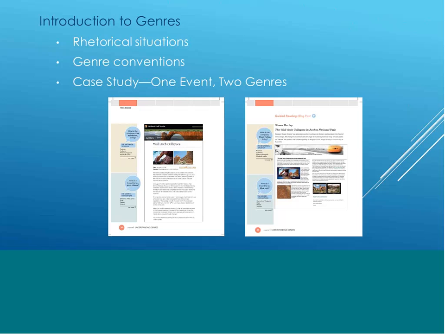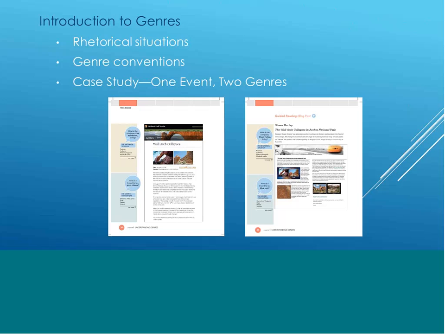The one that's featured in the text is the arch wall collapse that happened in Arches National Park a number of years ago. It looks at both a press release and a blog post that we have pictured here. One of the nice things is students can look at them side by side and look at how similar messages are conveyed.